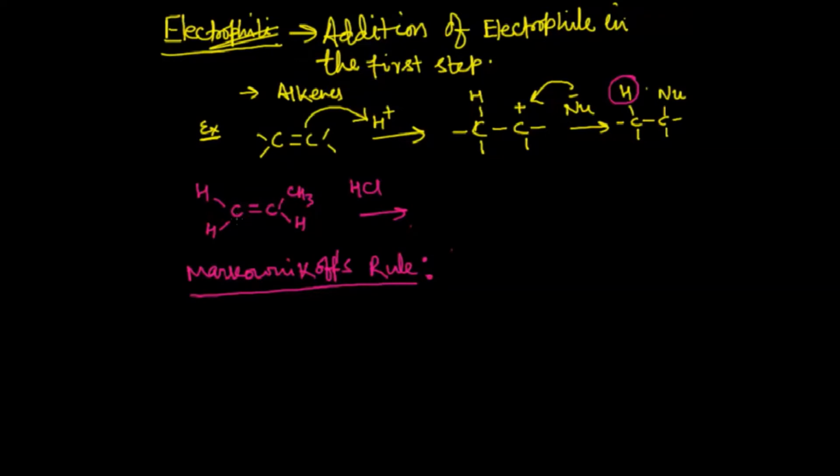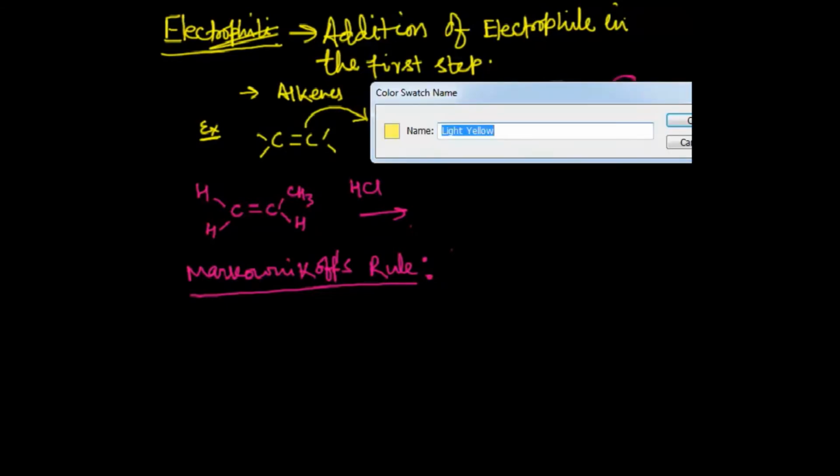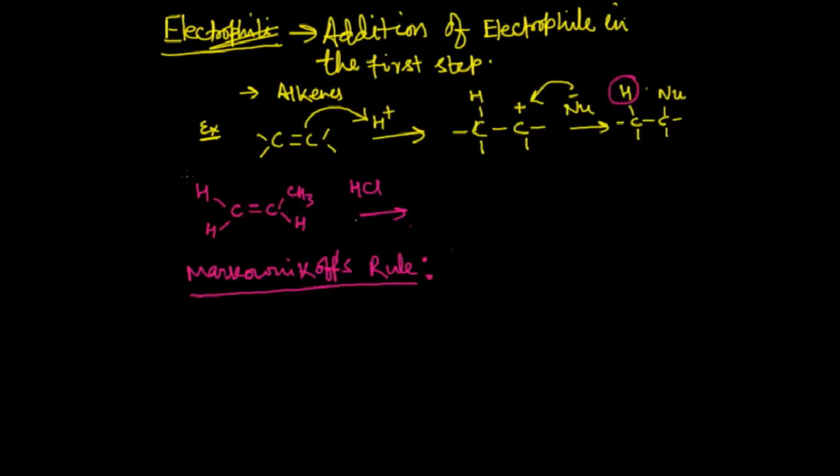where is the more number of hydrogen atoms? We can easily see that on the left hand side terminal we have more hydrogens. Here it is 1, here it is 2, directly attached to the carbon. Here only 1 is there, so we can say more gets more: more hydrogen is there, so another hydrogen would be attached to this particular carbon.